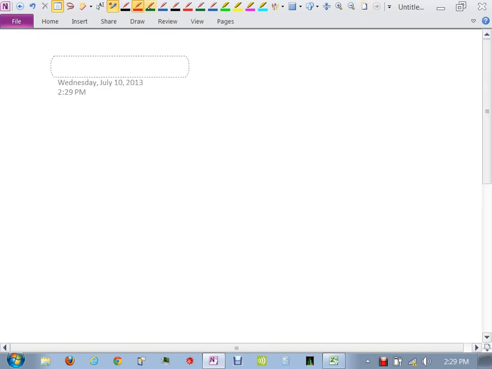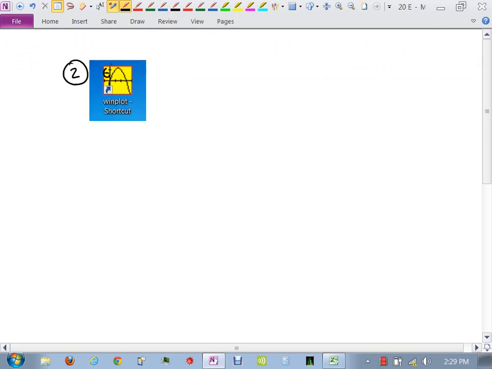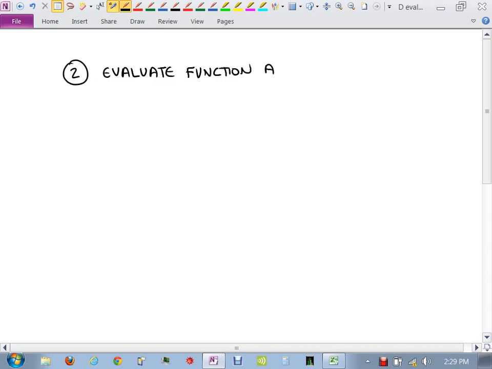Now step 2 says to do what? Evaluate the function at endpoints.